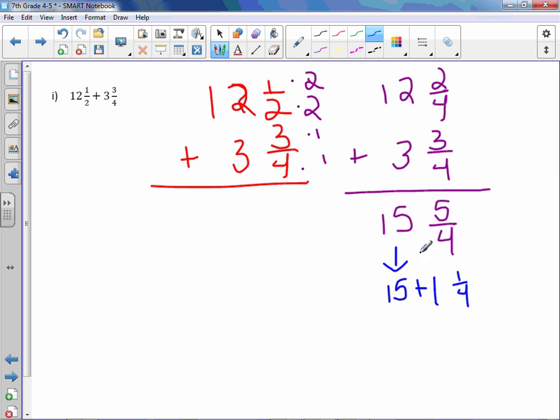So we're pretty much carrying the whole amount to our whole number over here. So we would have 16 and 1/4. So again, we take the whole number from this improper fraction and add it to the next side, or carry it to the next side.